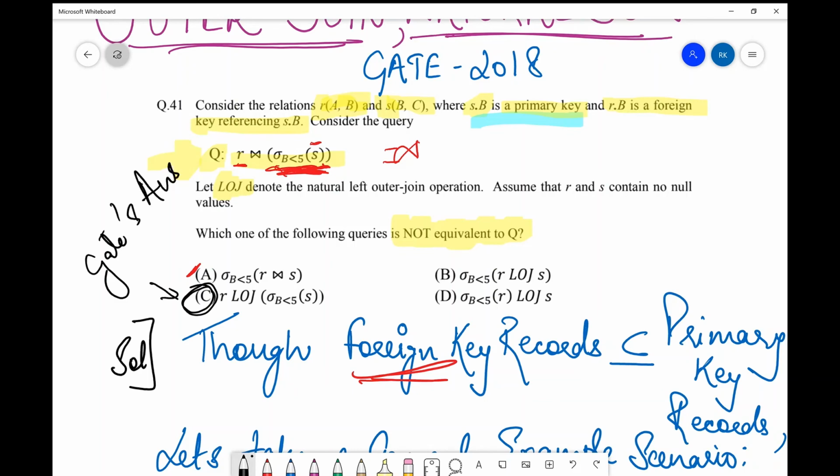But this is not actually the correct answer because B and D are also generating values which are not equivalent to Q. So the actual answer in this case, if you consider the generalized scenario, is C, B, D.